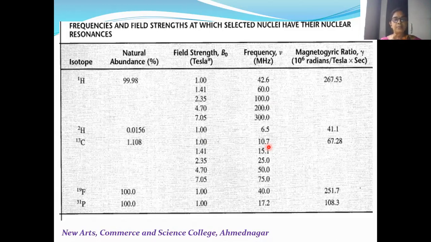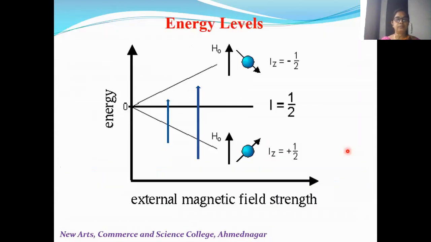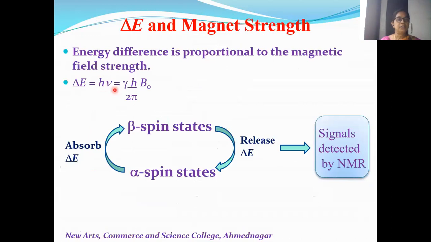This means that the absorption frequencies of C13 and H1 are not the same at the given magnetic field strength. Why? What is the problem? The problem is that the magnetogyric ratio of proton is 267.53 while that of carbon is 67.28. If you remember the equation, delta E is equal to h into gamma into h upon 2 pi into B0.